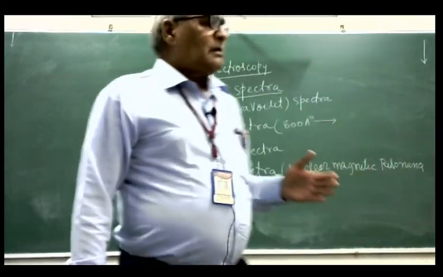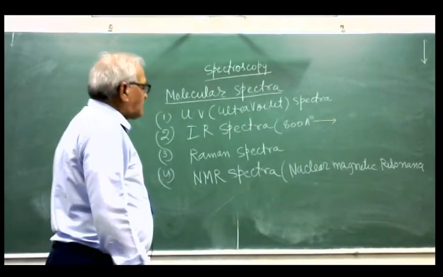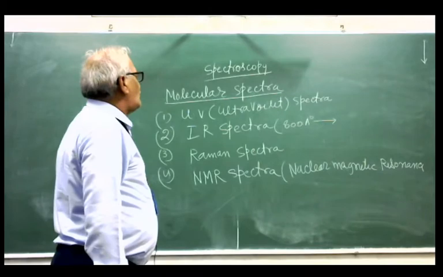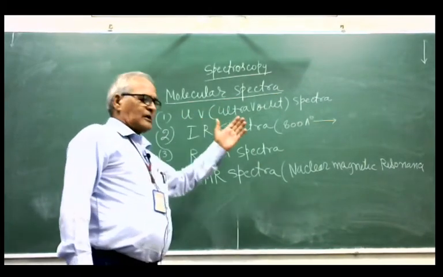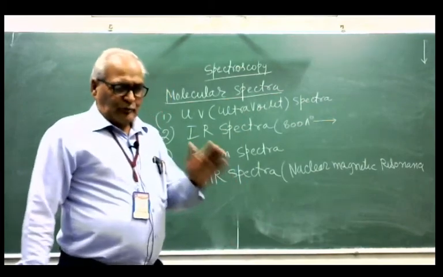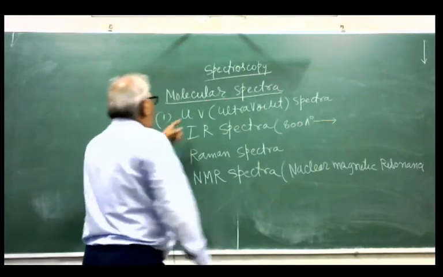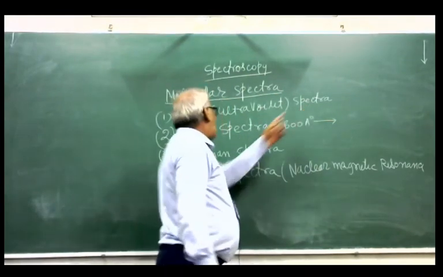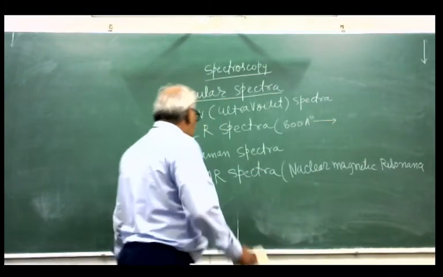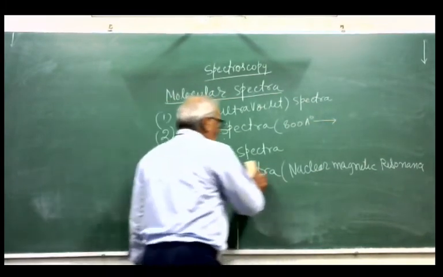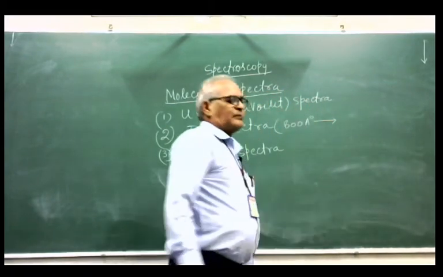So these are the different types of spectra which are used to determine the molecular structure. But here we shall discuss only three spectra: UV spectra, IR spectra, and Raman spectra.